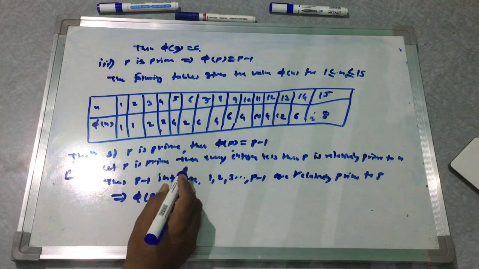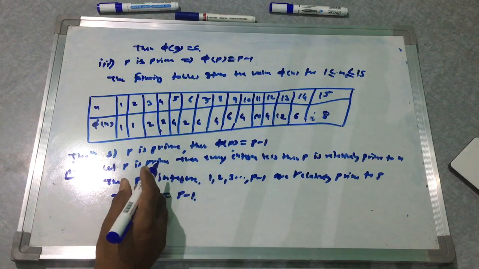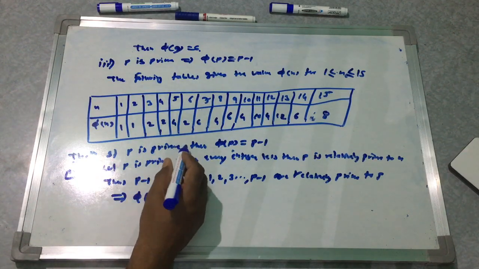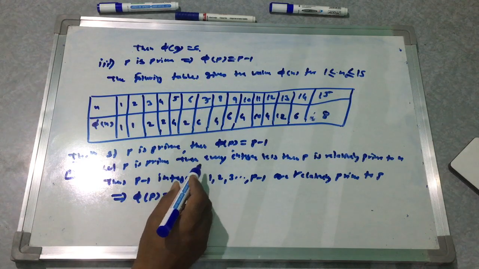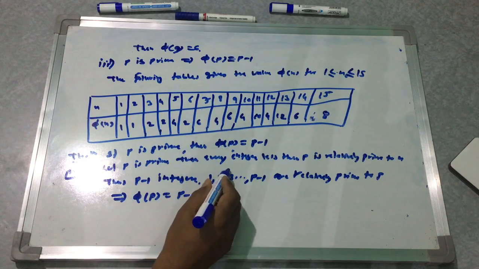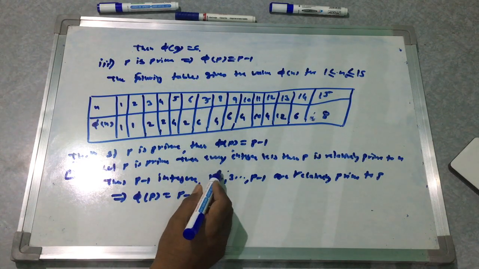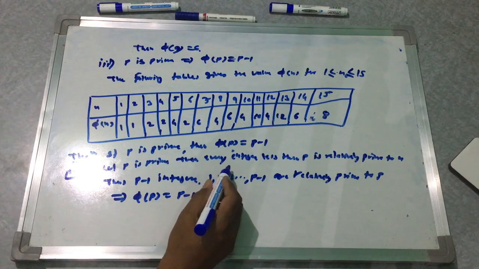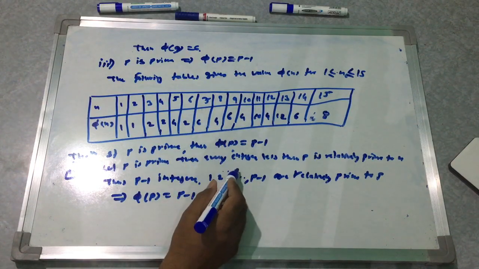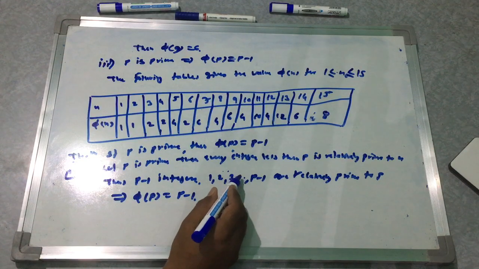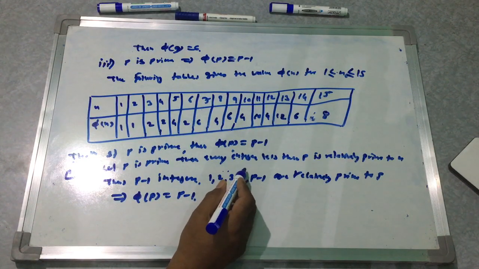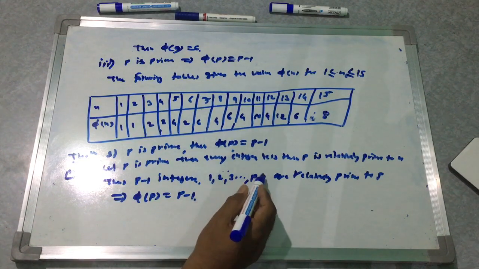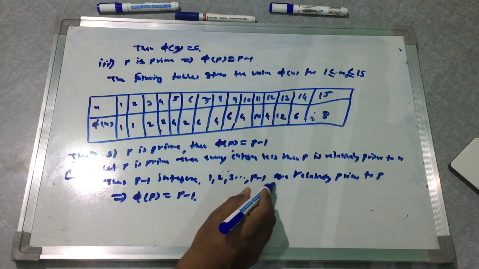So we have to look here. Let P be a positive integer with phi of P equal to P minus 1. We use the contradiction method. Assume that P is not prime, P is composite. Then P has a divisor D, where D lies in between 1 and P. Also, the pair D and P is not equal to 1.